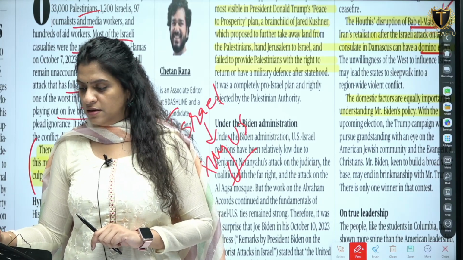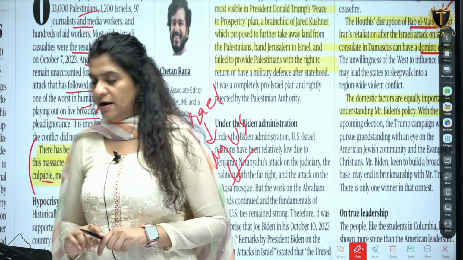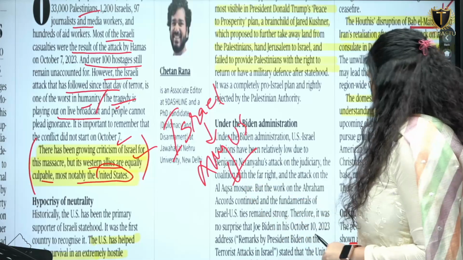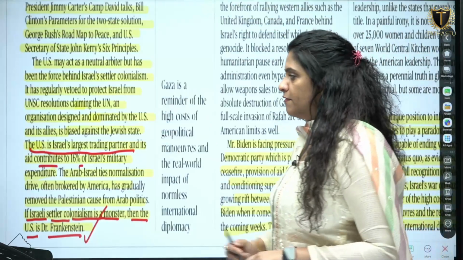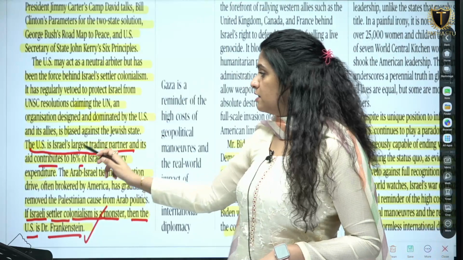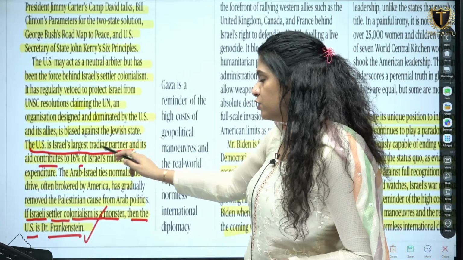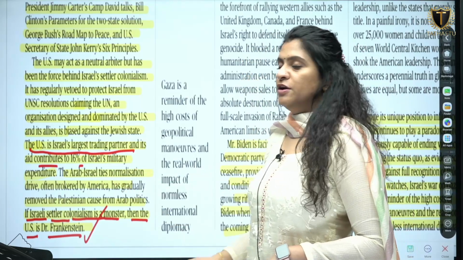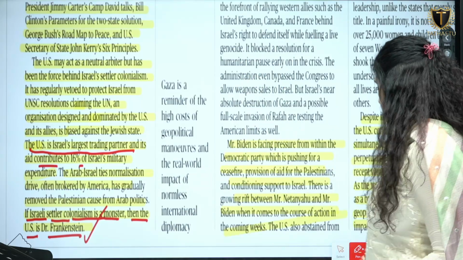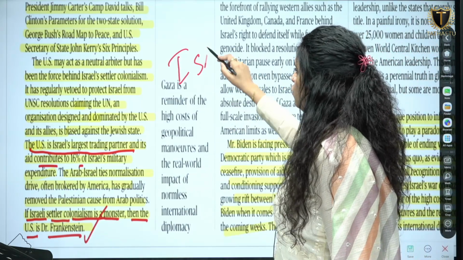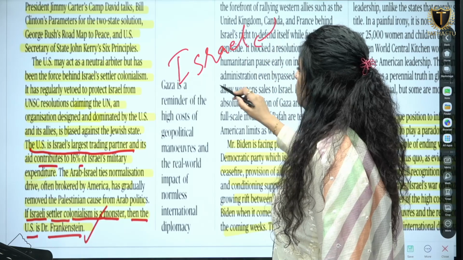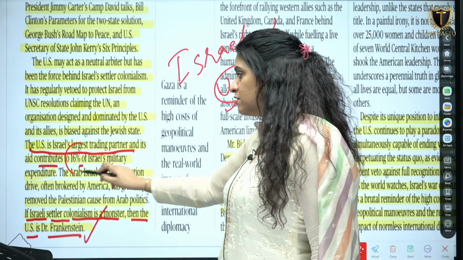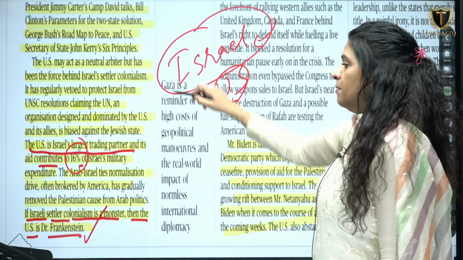So look at this: the US is Israel's largest trading partner. Why does the US support Israel? Because of factors like the US being Israel's largest trading partner, and its aid contributes 60% of Israel's military expenditure. तो जितना military expenditure है Israel का, जो भी aid Israel US से receive करता है, that aid contributes to 60% of Israel's military expenditure.